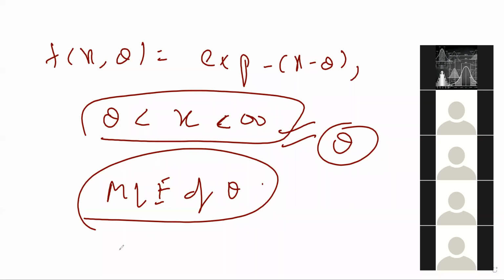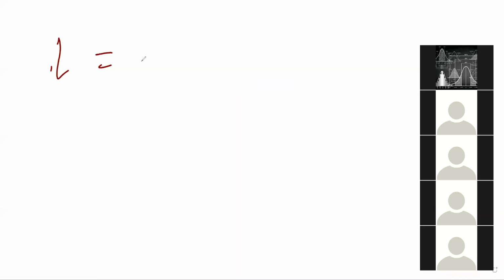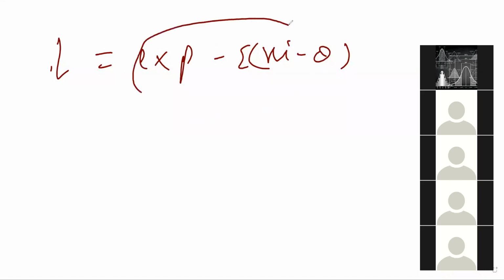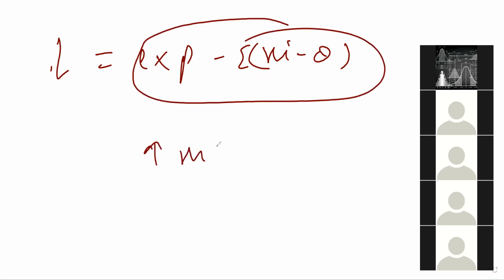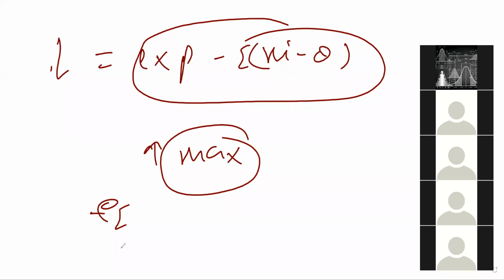We can use order statistics for this. So how to use it? First we have to take the log, and this whole quantity should be maximum, then minus summation x.